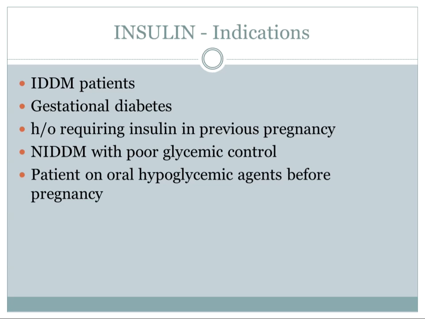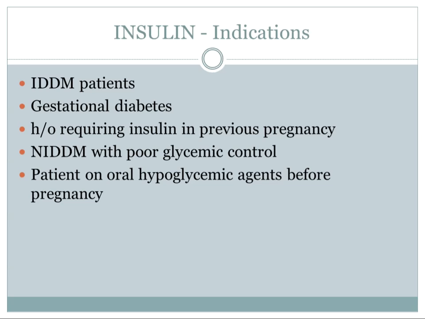Suppose a diabetic patient has become pregnant, pre-gestational diabetes. As soon as she becomes pregnant, you can switch her over to insulin. So, what are the indications? Though I'm giving a list, practically most of the pregnant women we put on insulin.